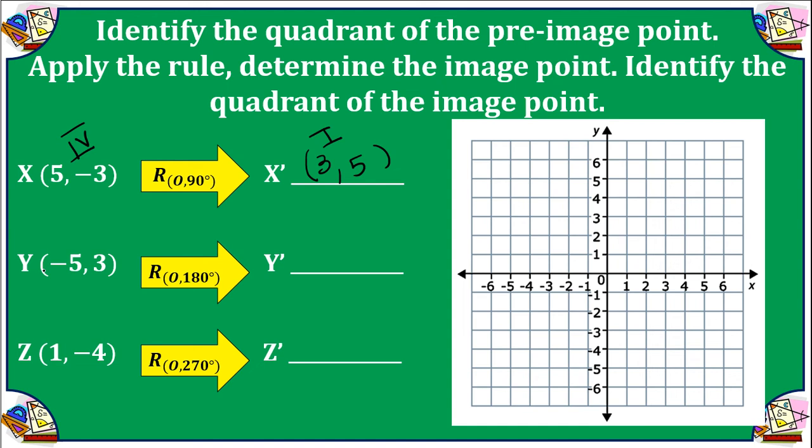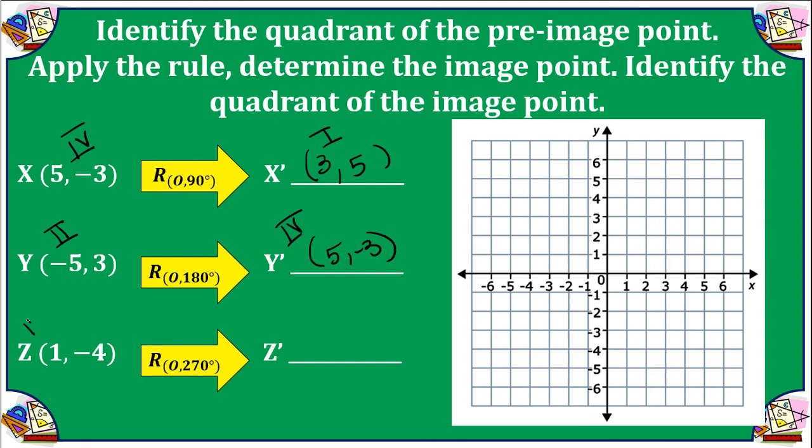We are in quadrant 2 for the Y point, we're going 180, which is halfway around, so 2 quadrants around. The two values are going to change to their opposite, but they're going to stay where they are. And then this puts us at quadrant 4. And then point Z, we're going 270 degrees around the origin.